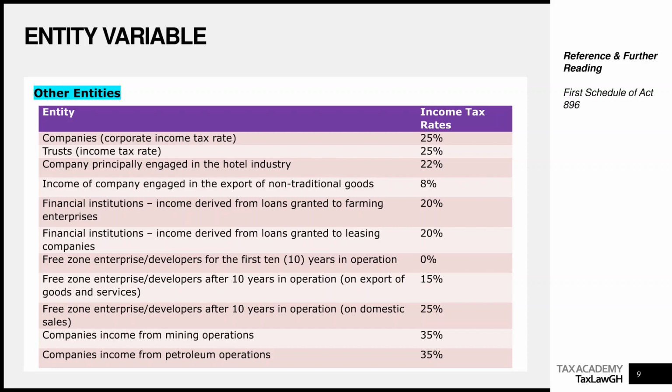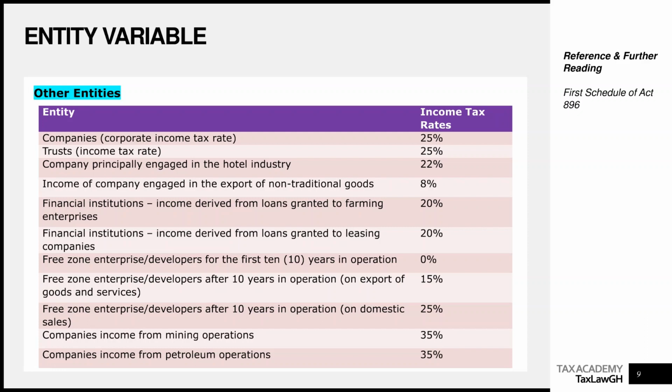That is a 5% corporate income tax gap. It's a lot of money if you think about it in terms of the amount of profit that could be involved. So this under the entity variable shows that even for financial institutions, same industry, but depending on who you are loaning to, you could end up paying different rates of income tax.